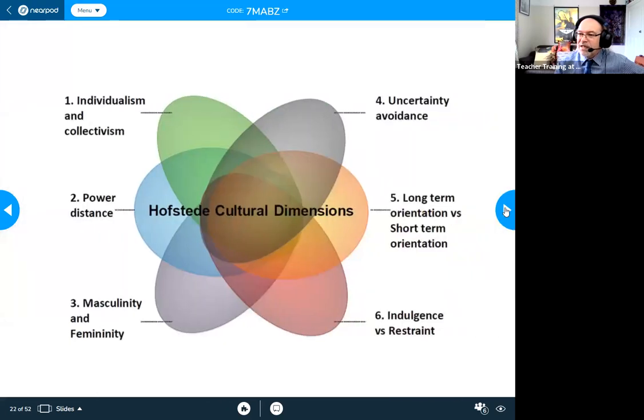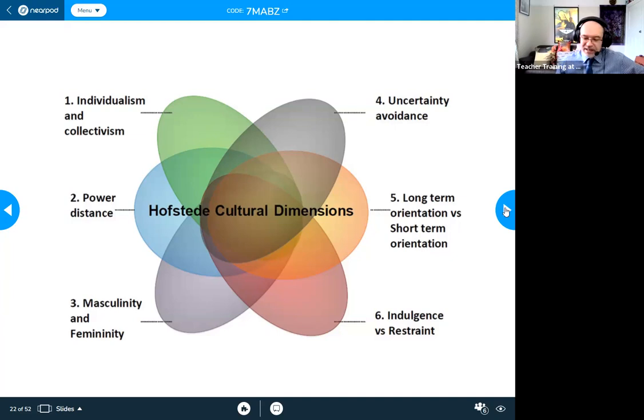But he has based a lot of his work around Hofstede's cultural dimensions, of which there are 6. It's not immediately apparent, it certainly wasn't to me anyway, what the 6 meanings are in his 6 dimensions. But I've downloaded and put on OneFile Resources detailed explanations of what each one of those cultural dimensions are.